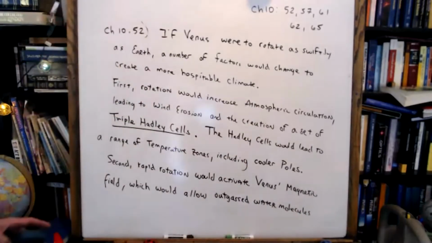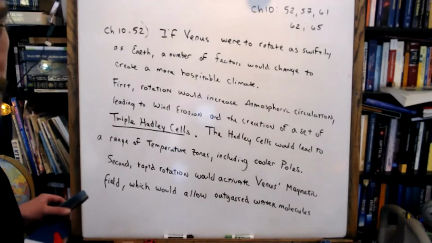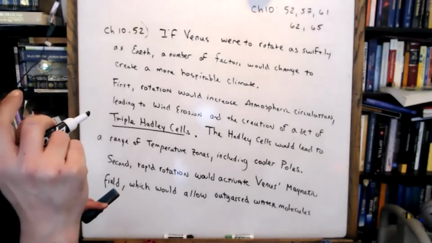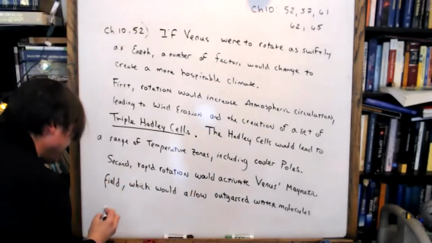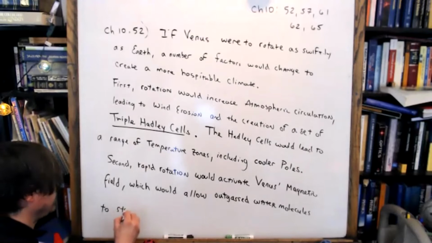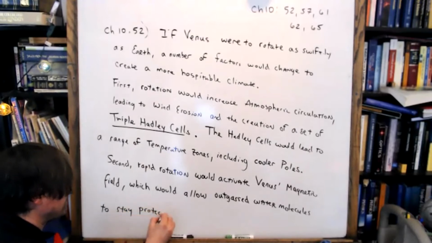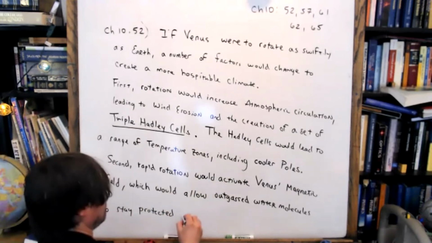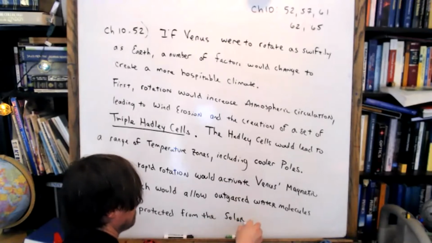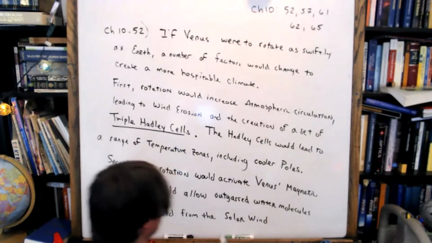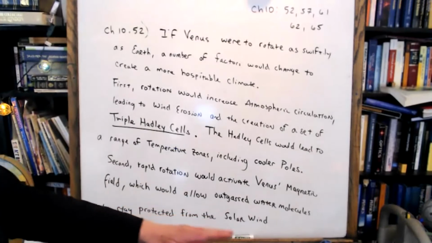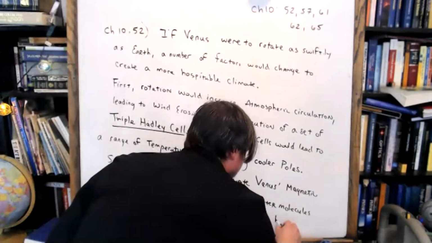Okay, I'm going to have to head back up to the top here. Which would allow outgassed water molecules to stay protected from the solar wind by Venus's magnetosphere.